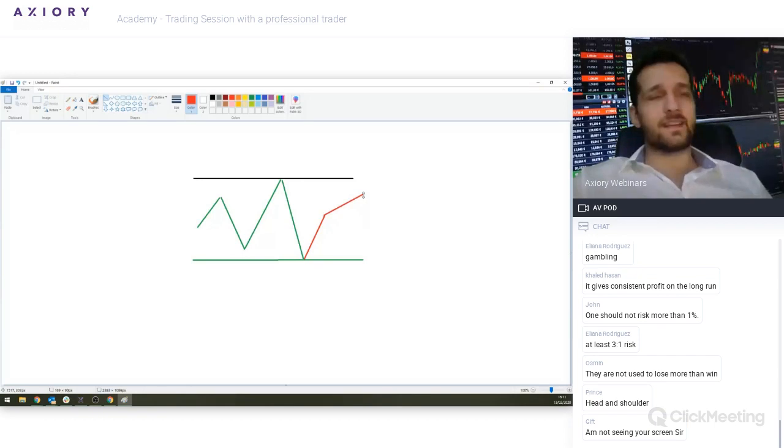The problem with this, if it's 50%, if risk to reward ratio is 1-to-1, is that you make a win, you make a one win, and then one loss, and then one win, and then one loss. All of them are for $100. So you earned $100, you lost $100. Earned $100, lost $100.